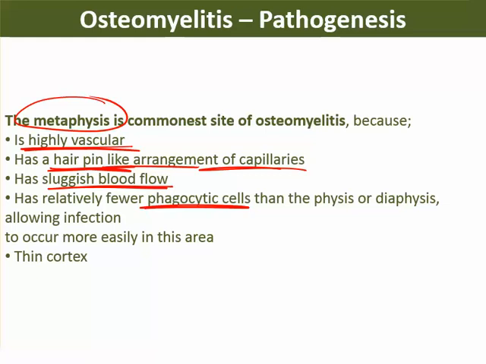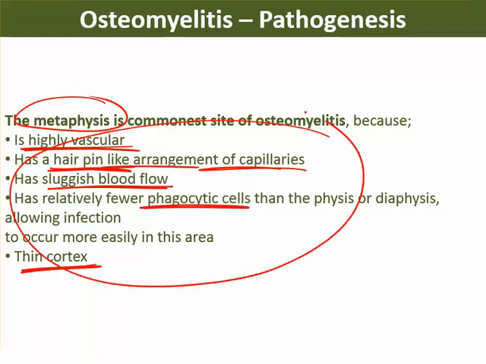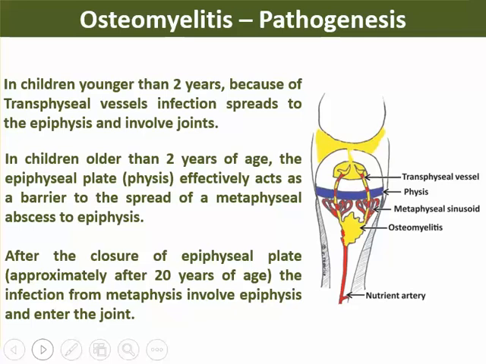The phagocytic cells take up the bacteria and trigger inflammation, and the cortex is very thin in the metaphysis. Because of this, infection starts in the metaphysis.